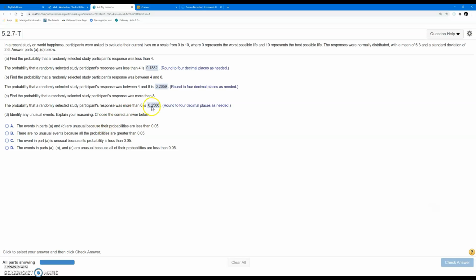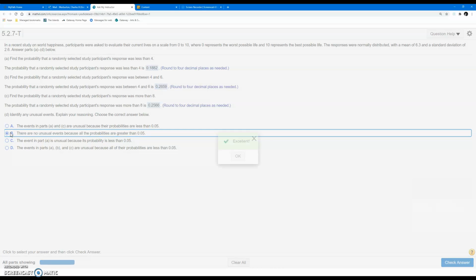Anything that has a probability of happening that's less than 5%, or as a decimal, 0.05, will be unusual. There's nothing that's unusual here. There are no unusual events because all the probabilities are greater than 0.05 or 5%.